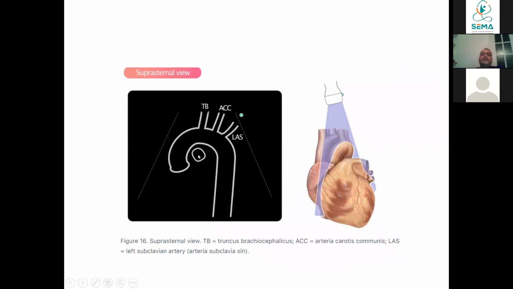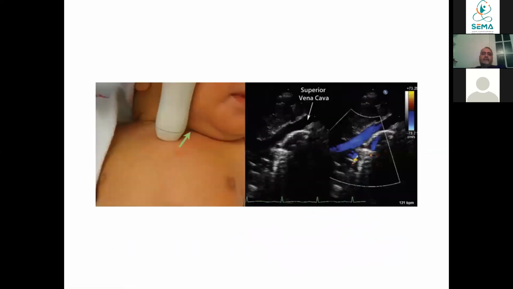This is the view you will get, with the three branches. As you see here, the marker is to the left, and you put 90 degrees and start searching.